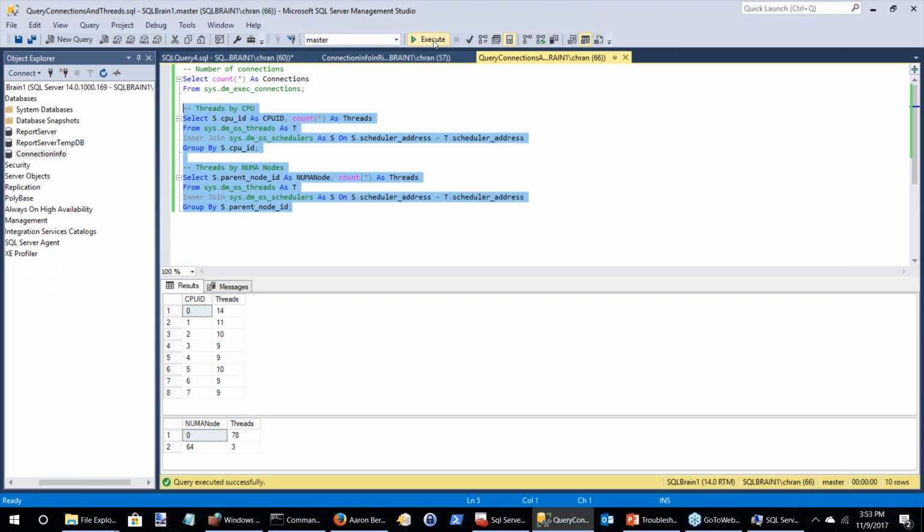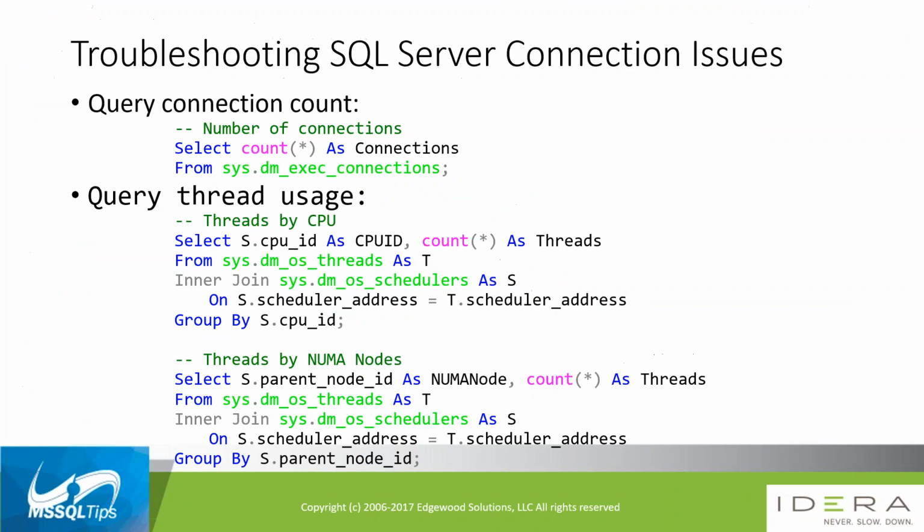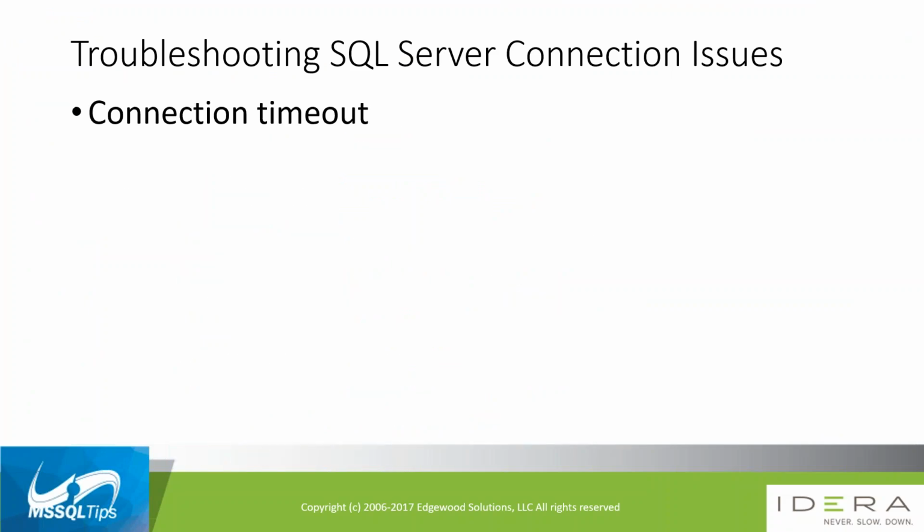I have one NUMA node in this laptop, so I have 78 threads spun up on that. And that will help you determine where you are at as opposed to the total number of threads.